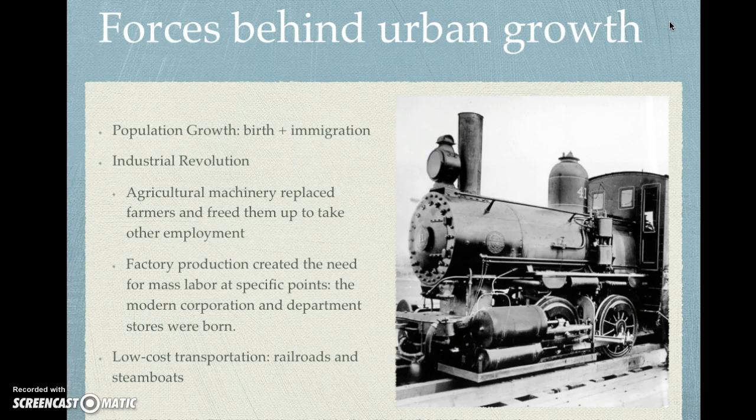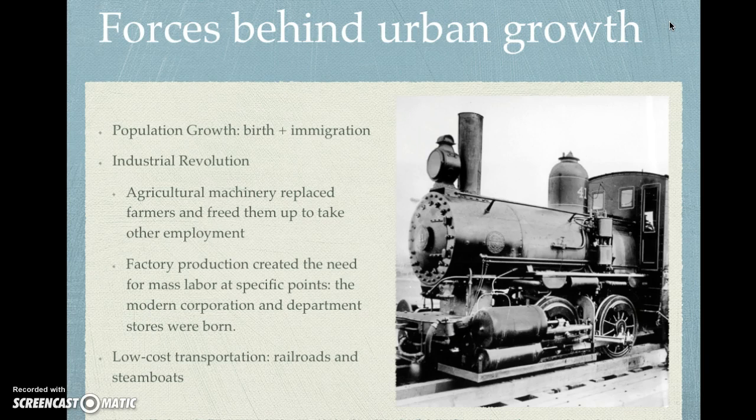And then I'm sure you'll remember from your history classes the Industrial Revolution. Industrialization and urbanization are linked. So with the Industrial Revolution, agricultural machinery replaced farmers and freed them to take up other employment. That was a big factor. And then the other thing through the Industrial Revolution is we had factories.